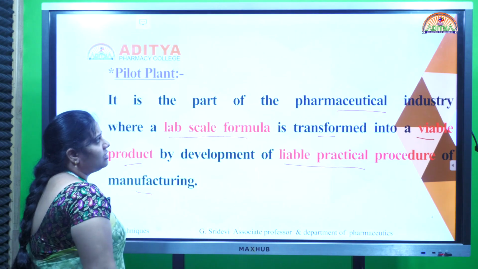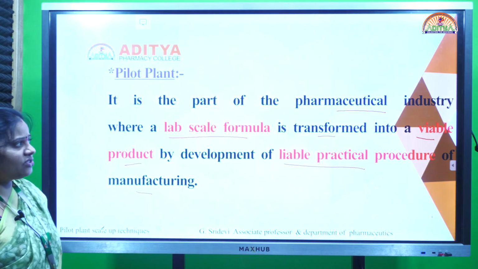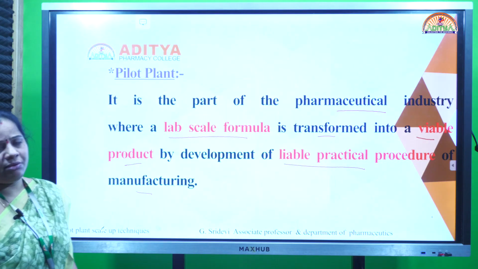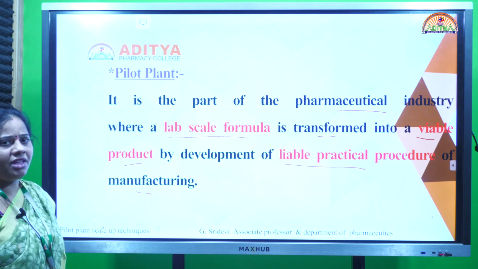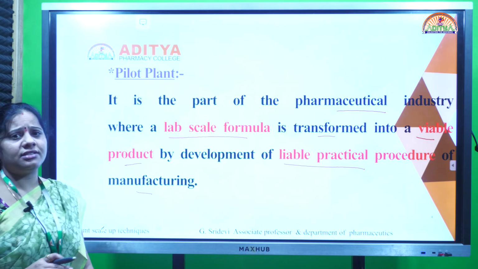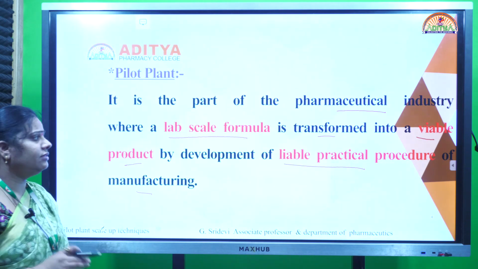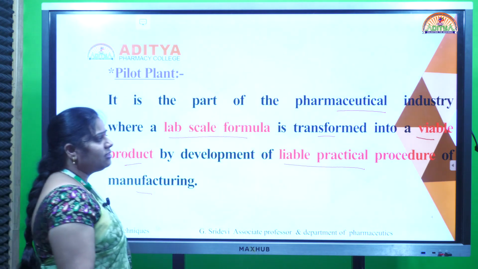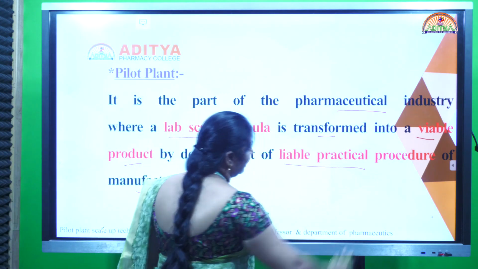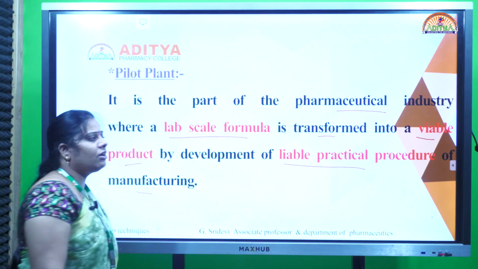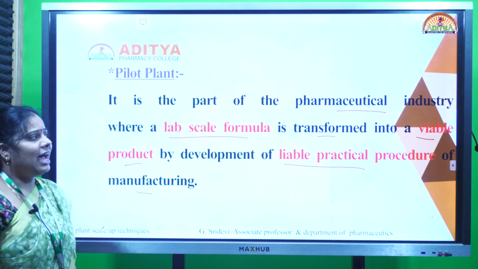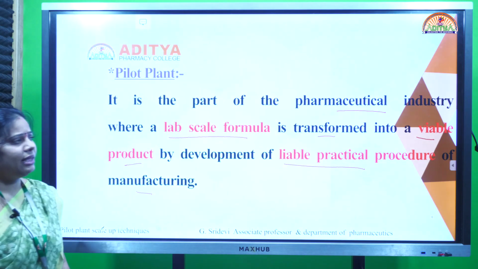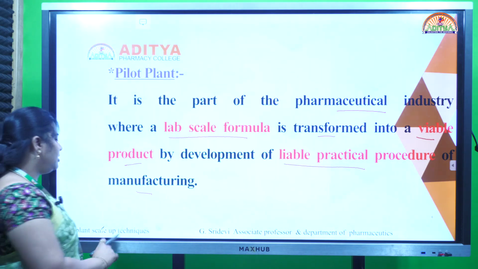In that industry they do the early development trials initially, and if they have successful results, those are converted into the viable product. They follow some practical procedures, which are implemented in large scale production also. In this way they create the pilot plant technique. So that is the definition.